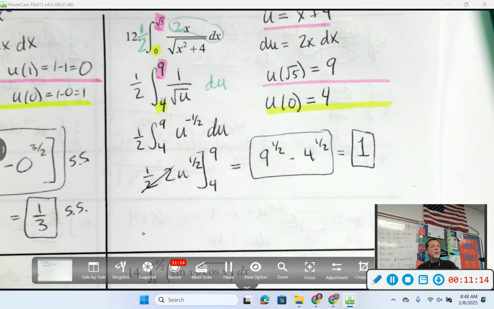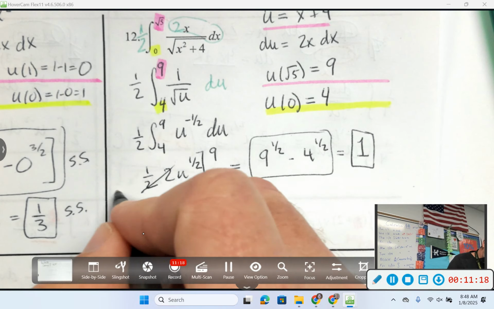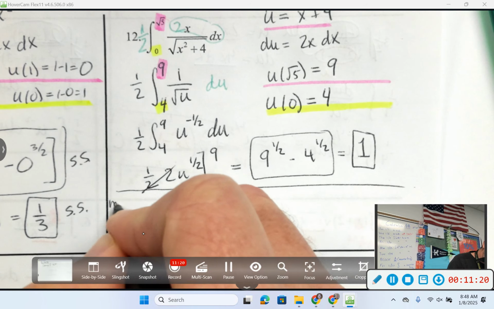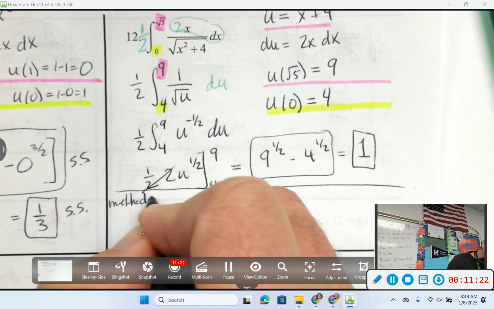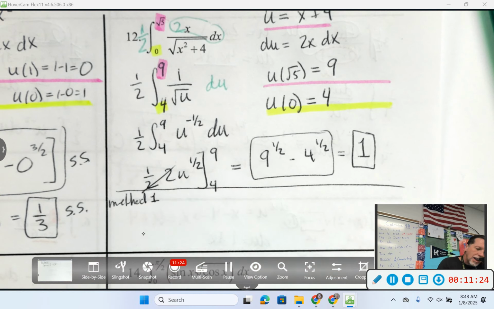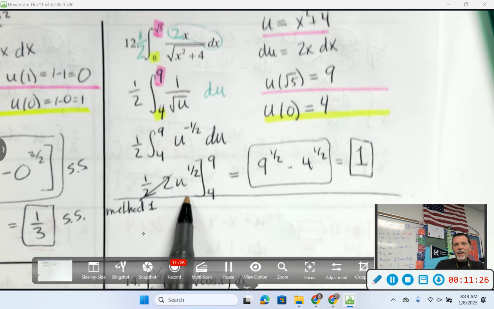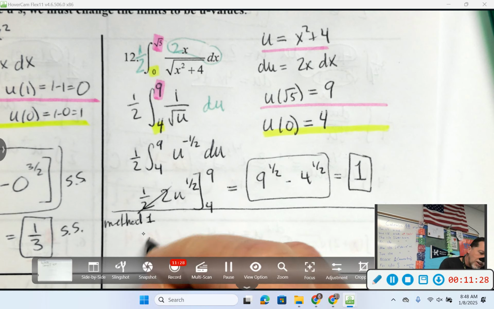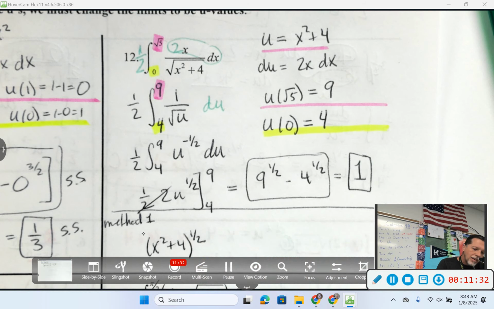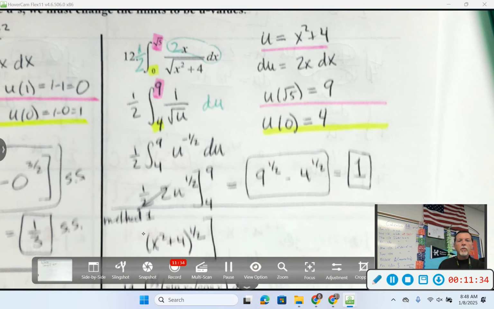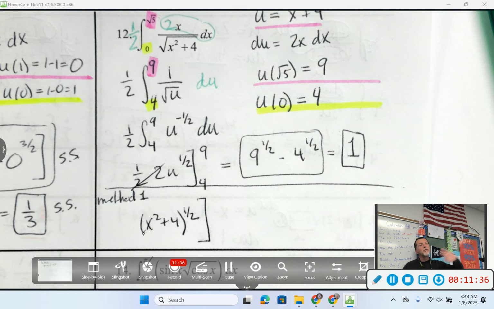Okay, I want to show the other way. I don't think I even want you to write this down. So just watch me use method 1 here. That would be, I'm going to plug in the x stuff back in for u. So x squared plus 4 to the 1/2. What are my limits, though, if I want to revert back to the x stuff?